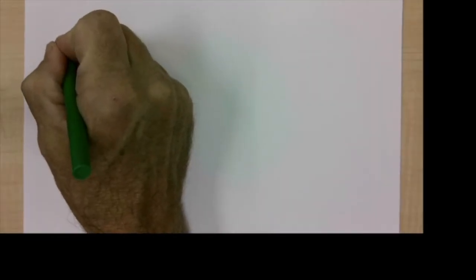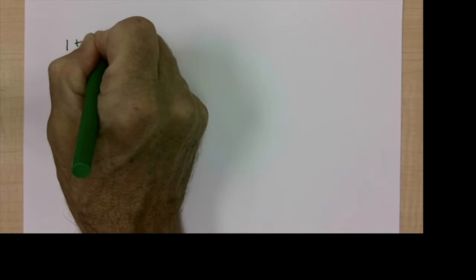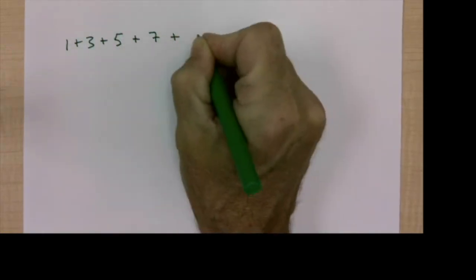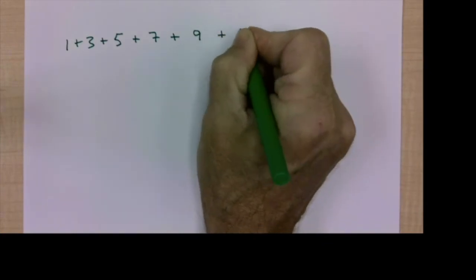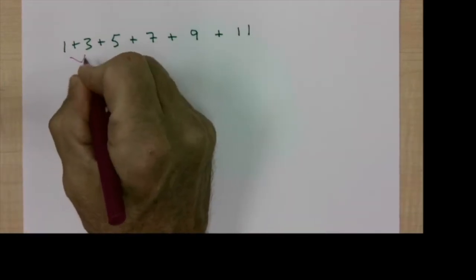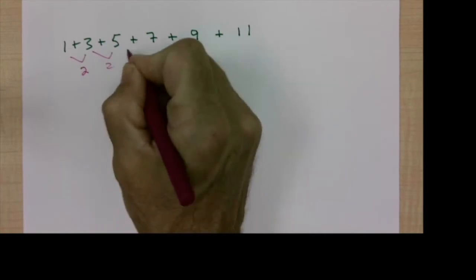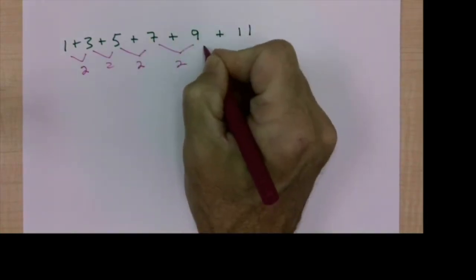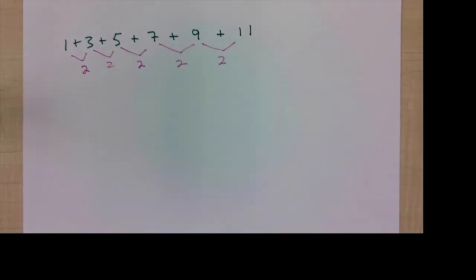If I have something like 1 plus 3 plus 5 plus 7 plus 9 plus 11, this is a sum of 6 terms, and there is a common difference between each term. 1 to 3 is up 2, 3 to 5 is up 2, 5 to 7 is up 2, 7 to 9 is up 2, 9 to 11 is up 2.